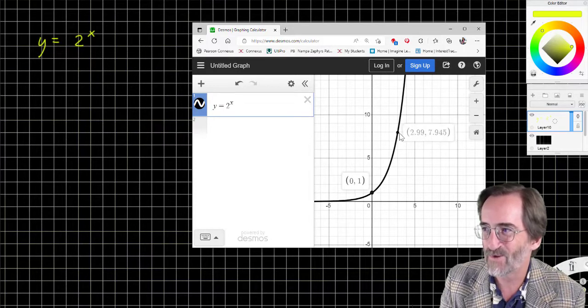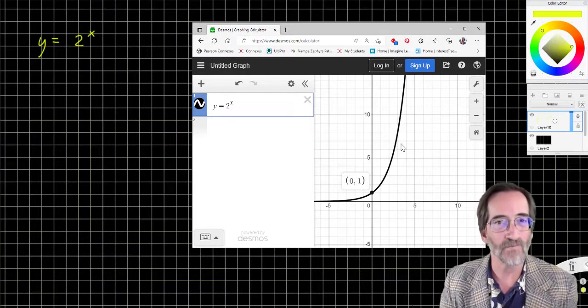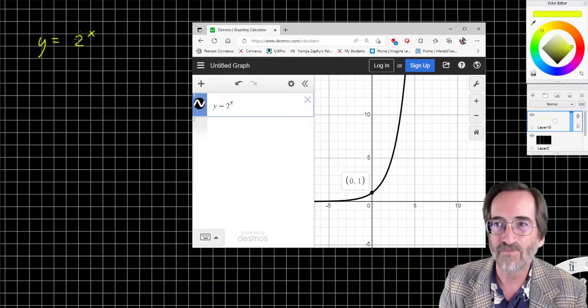We're constantly multiplying the previous one by 2. The next one's going to go off the graph because 8 times 2 is 16, and so on and so forth. So it's repeated doubling. It's repeated multiplication by the number in the base.